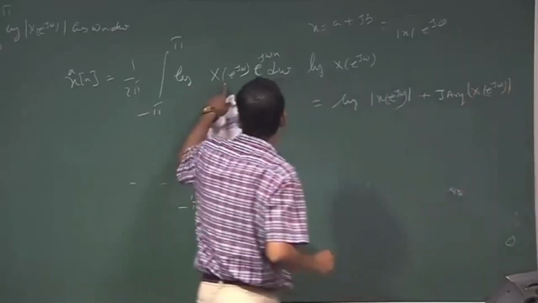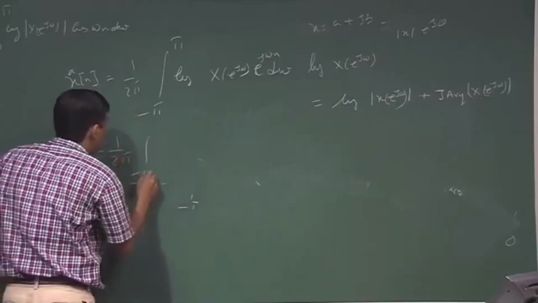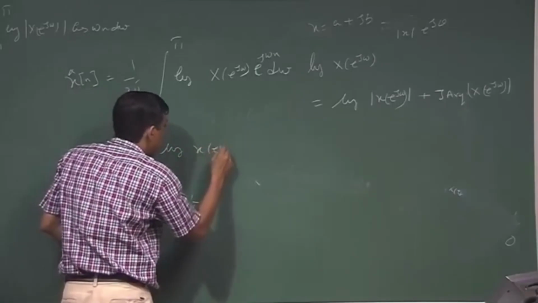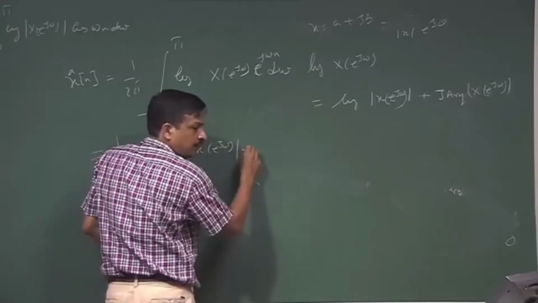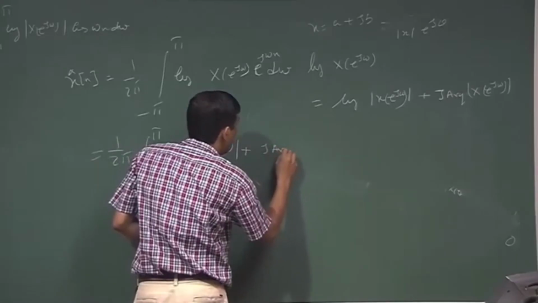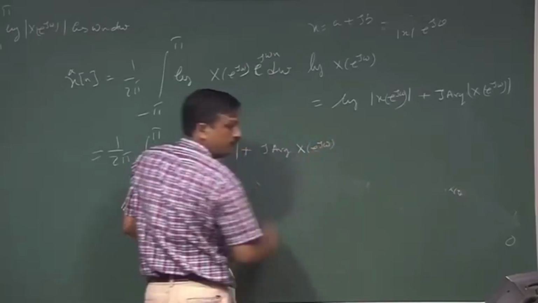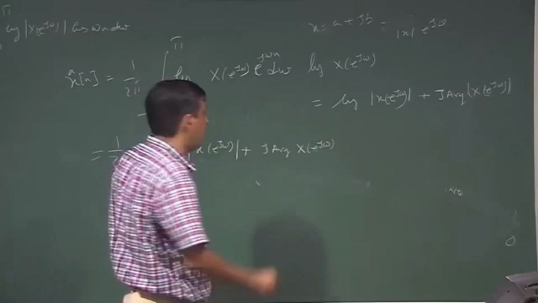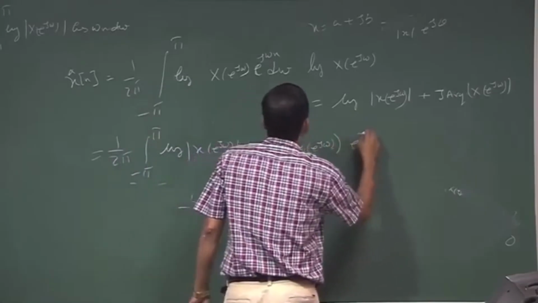So, I can replace this by 1 by 2 pi, integral from minus pi to pi, of log of mod x e to the power j omega plus j arg x of e to the power j omega, into e to the power j omega n.